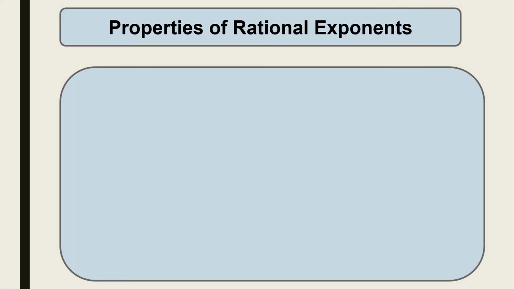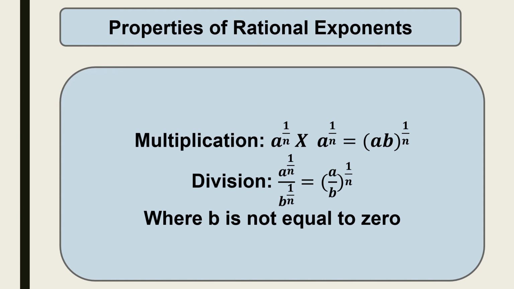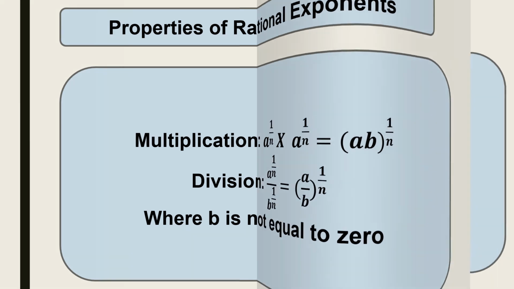These are the properties of exponential multiplication: a raised to m multiplied by a raised to n, you just copy the base and add the exponents. And just like division, a to the m over a to the n, you subtract, where b is not equal to 0.